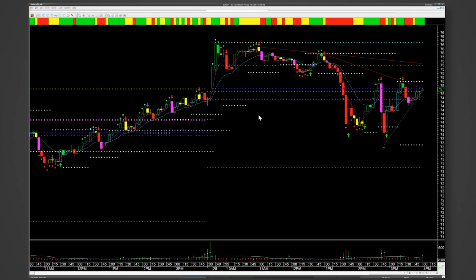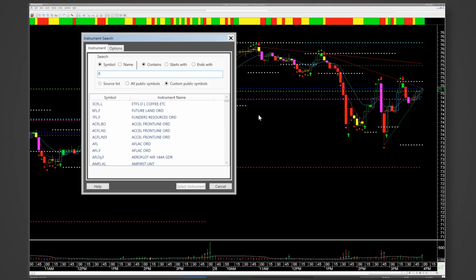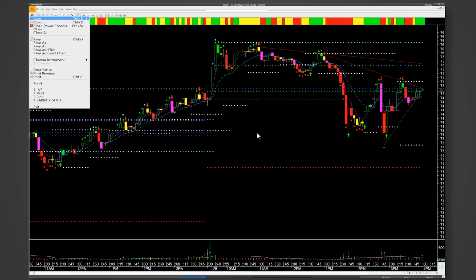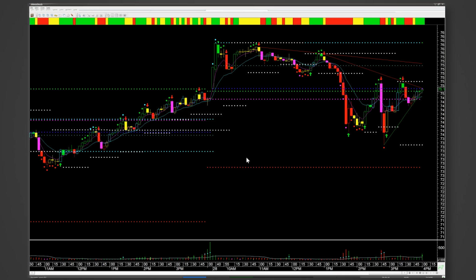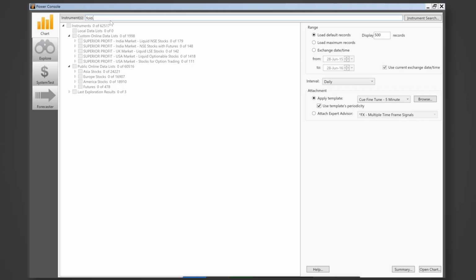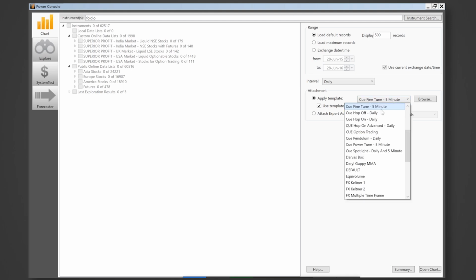Now I actually have the fine-tune template open for LLY, but let me see if I can open it with fold again. Or let me close it. Fine-tune template has intraday chart. It may take more bandwidth.